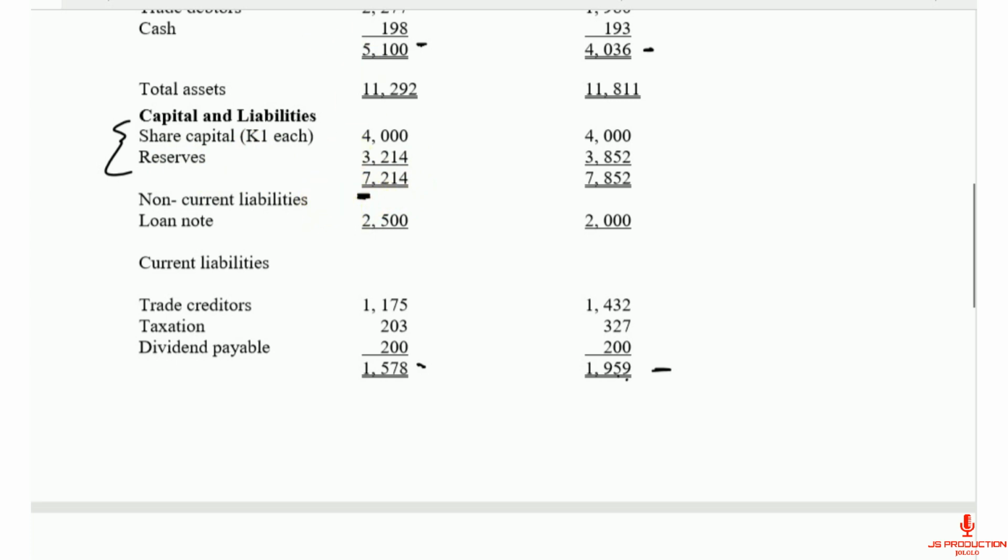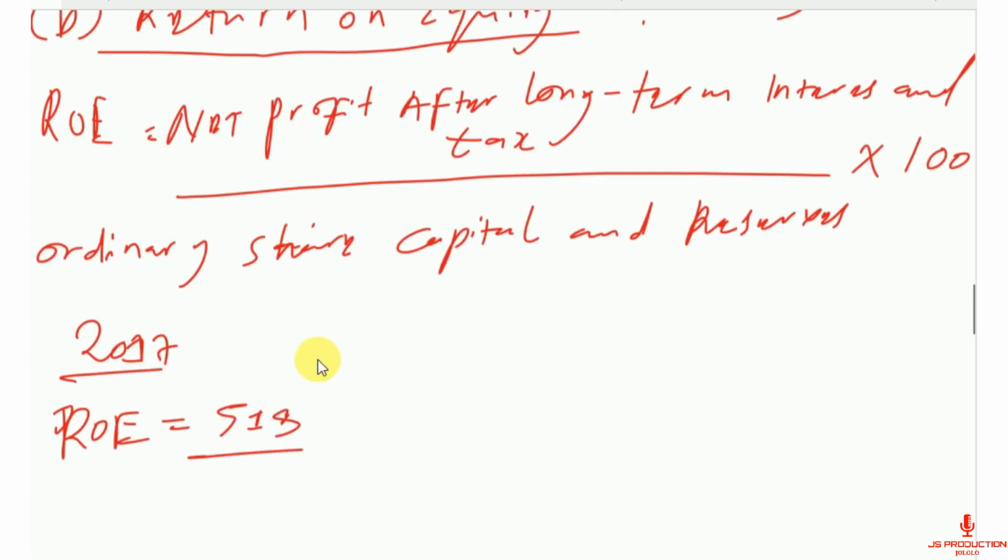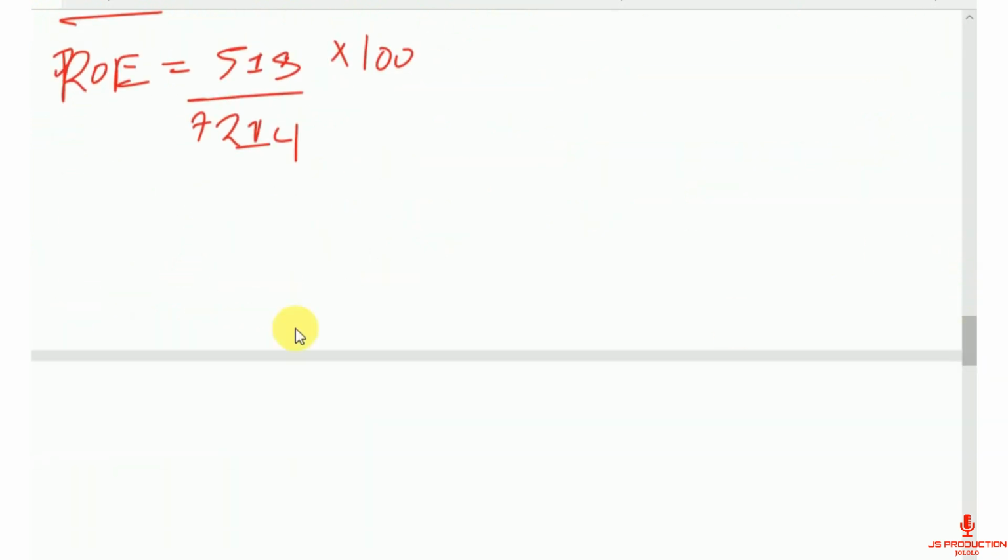So 518 divided by 7,214, multiplied by 100. Our answer there is going to be 7.2%.